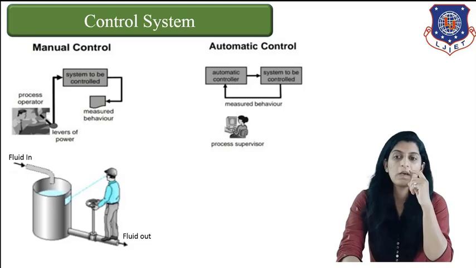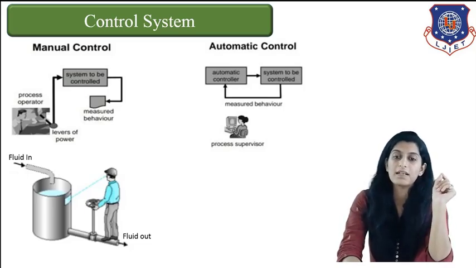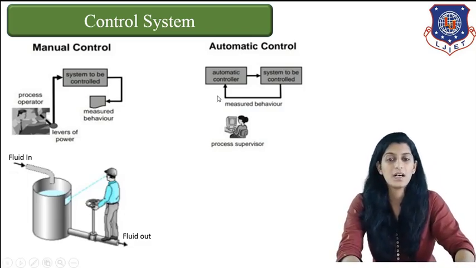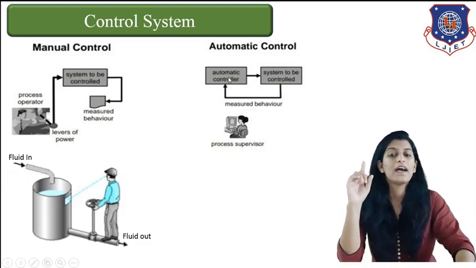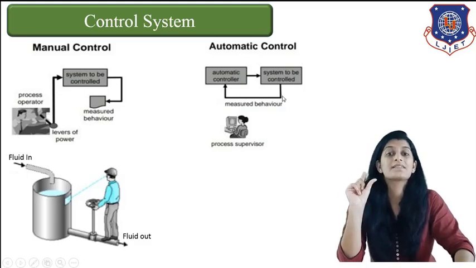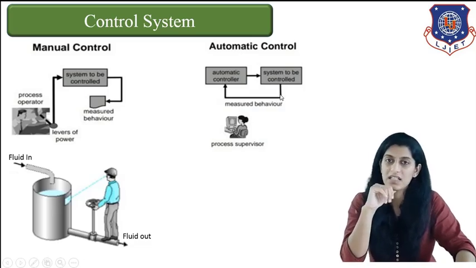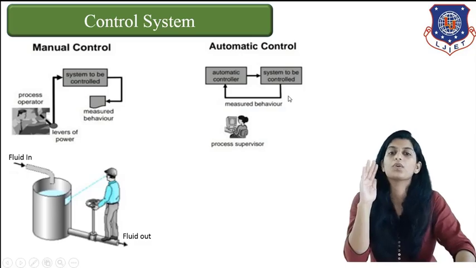But the second type of control system is the automatic control system. As you can see in this picture, we have attached an automatic controller to our system. Suppose we are talking about a liquid level system and I want to control the level of liquid inside that tank.